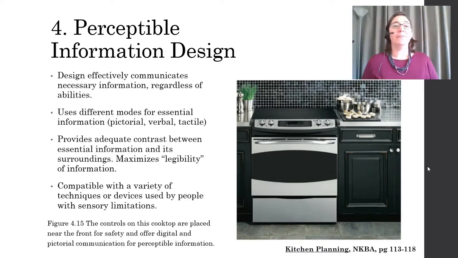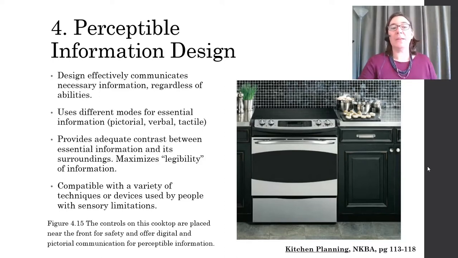So you can have different modes for your essential information: pictorial, verbal, tactile, different ways to communicate. With this principle, you need to provide contrast between the essential information and the surroundings. Therefore, you maximize the legibility or understandability or noticeability of information.